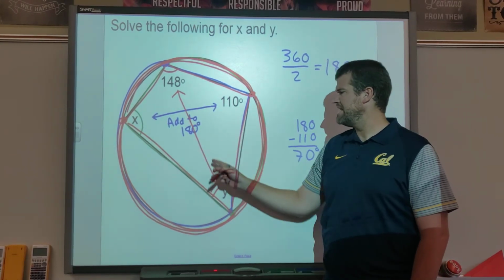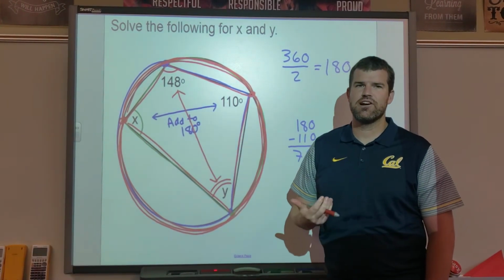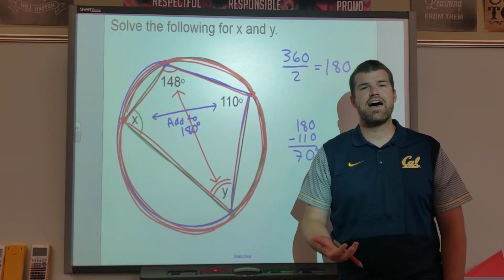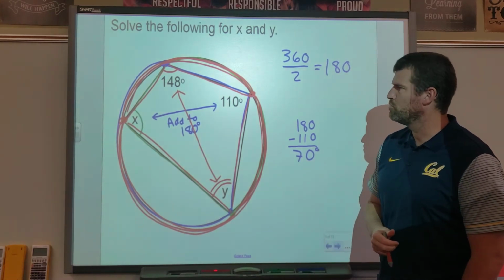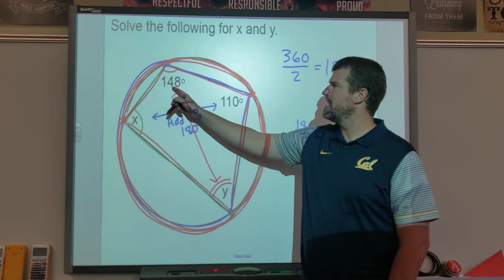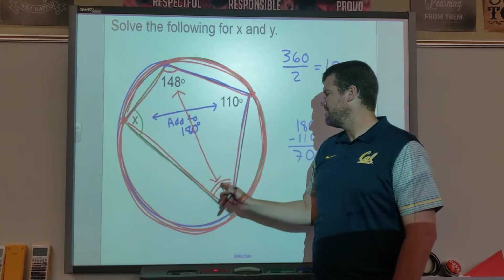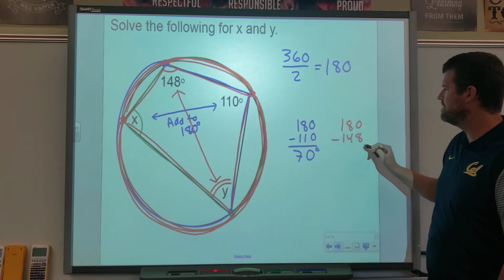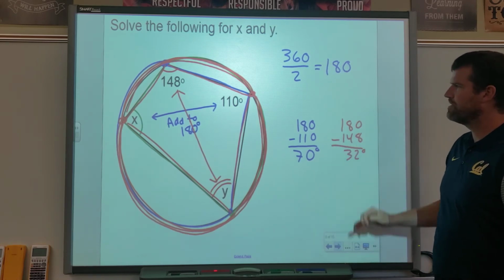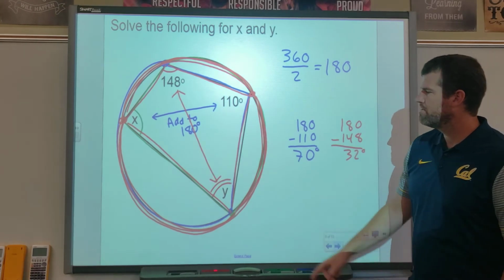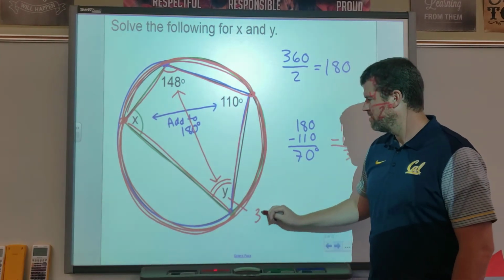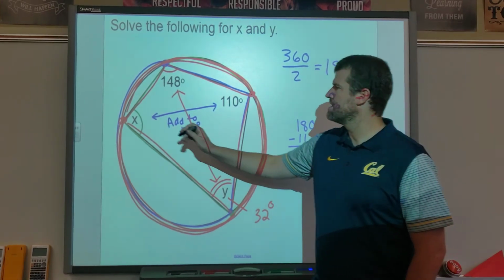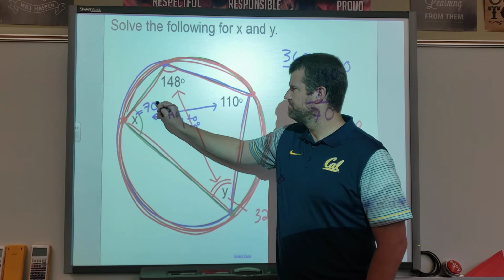So these two inscribed angles that are across from each other, their arcs form the full 360, which means those inscribed angles have to add up to half of that. They also have to add to 180. So if we know that one angle is 148, the other one will be 180 minus 148, which is 32 degrees. So the measure of y is 32 degrees, and the measure of x was 70.